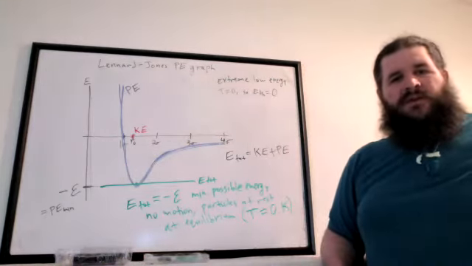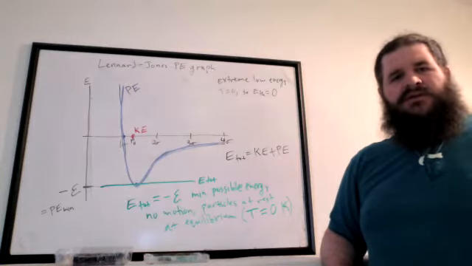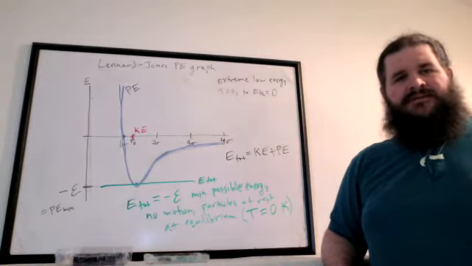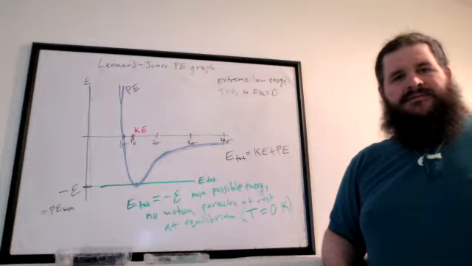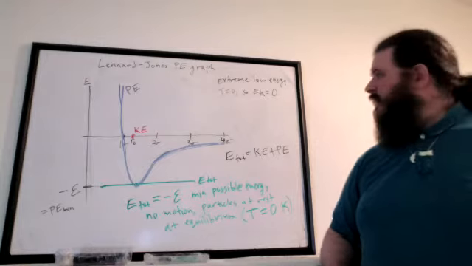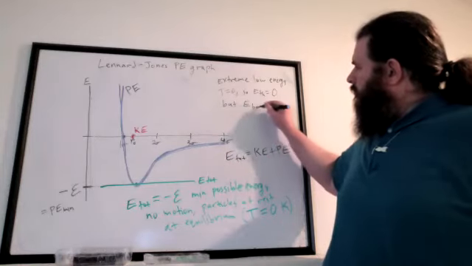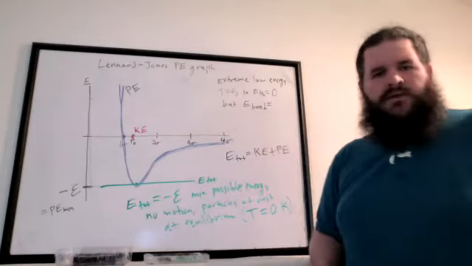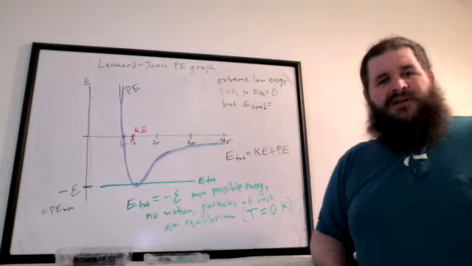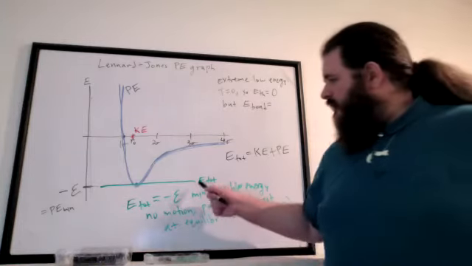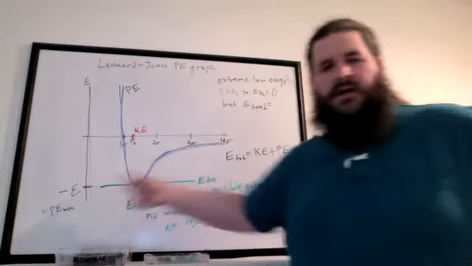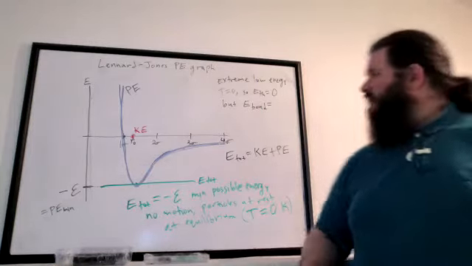But we don't want to say there's no energy at all, because what other type of energy do we have? Yeah, we've got bond energy. So we've got no thermal energy, but we do have bond energy. And since we assumed the total energy was negative epsilon, all that energy is bond energy.